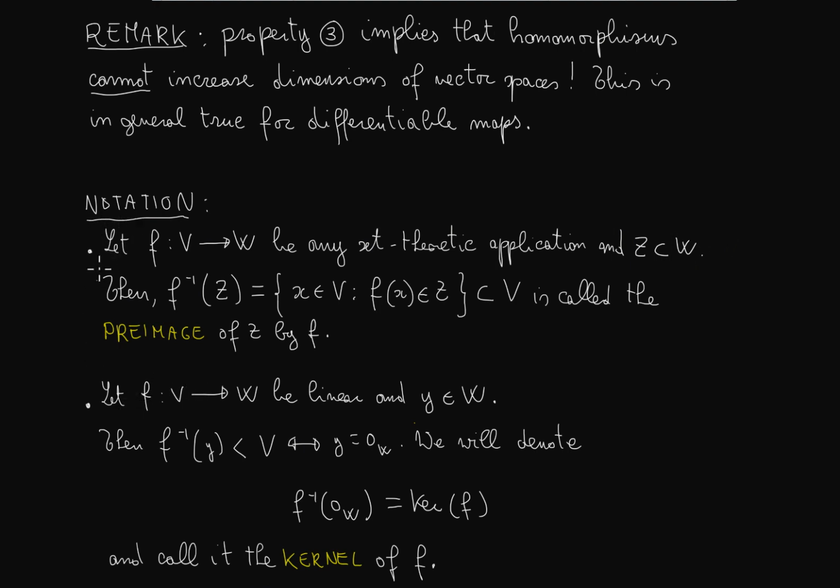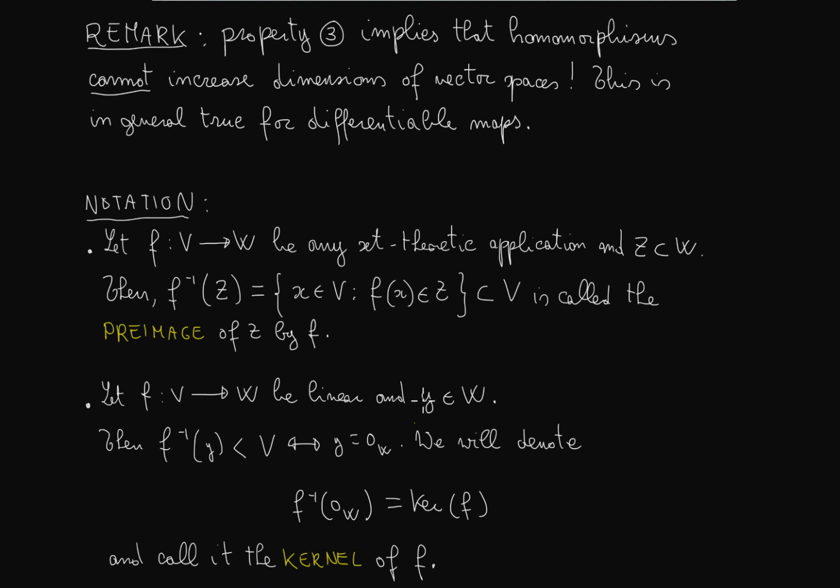Another fundamental wording is the following. Again, f is a linear map this time, so pre-image can be defined for any set theoretical map, whereas the following one must assume that f is linear, and pick y to be an element in W. The first statement is that the pre-image of an element in the codomain, assuming that it is in the image of f, of course, otherwise the pre-image is the empty set.